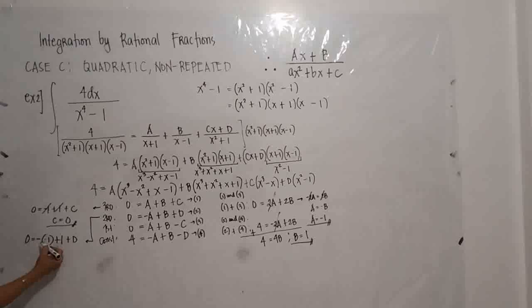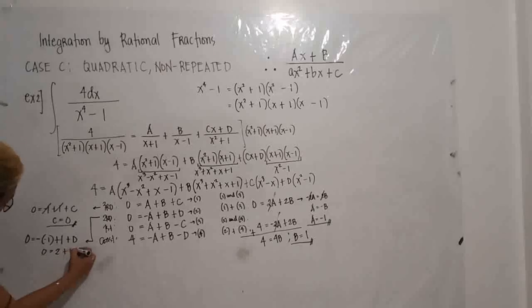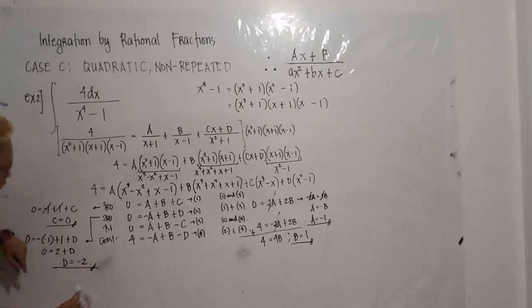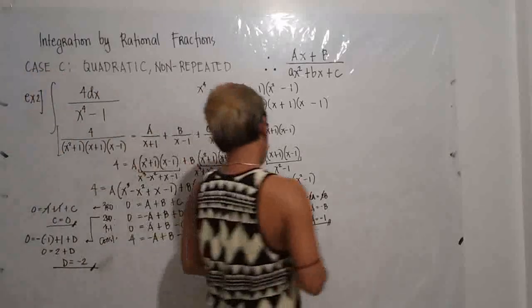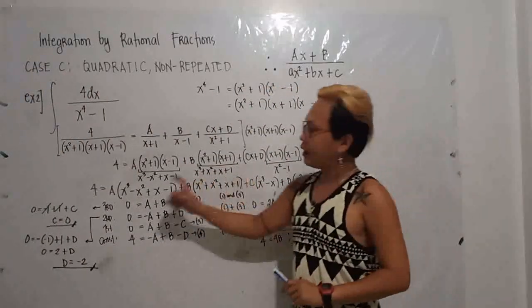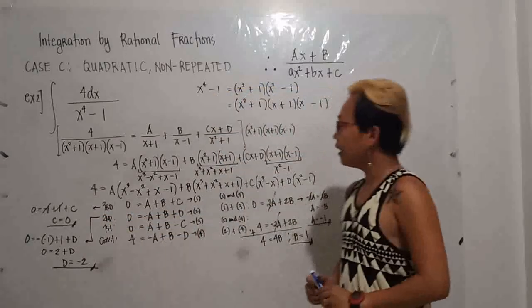We will now have positive 1 plus 1. So that is 0 equals 2 plus d. Therefore, your d is negative 2. So you have the values of a, b, c, and d. A is negative 1, b is 1, c is 0, d is negative 2.